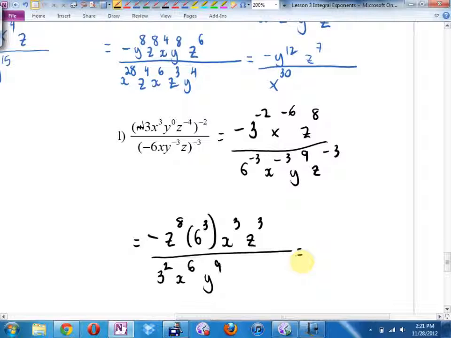Let's tidy this up a little bit. I got a number. Dunk. I got a negative. I got in the front, there's going to be a 6 to the 3rd. I don't know that one. I think it's 216, but someone double check me. Is it? Yeah? 216. How many x's on the top, grand total? 3. How many x's on the bottom, grand total?